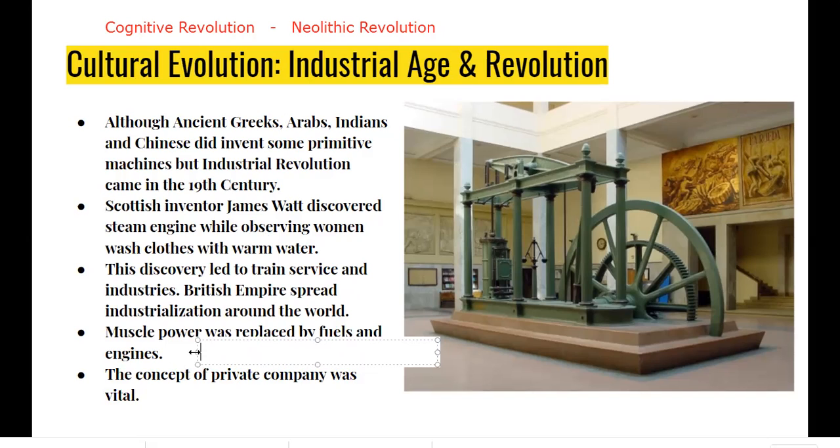All these companies became so powerful. Even the East India Company dominated a whole subcontinent. That was the power of capitalism.